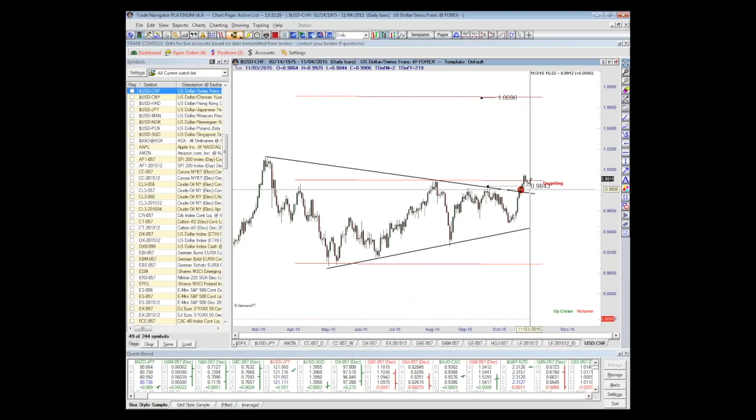Keep in mind, when you have a cheaper Swiss franc, that means the US dollar Swiss franc will go up. You also could trade this market based on the futures market. Normally, we will trade futures if we have a futures contract. In this particular case, we chose to go with the spot market.